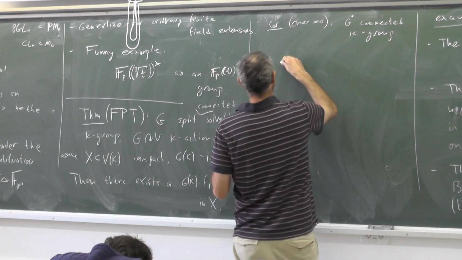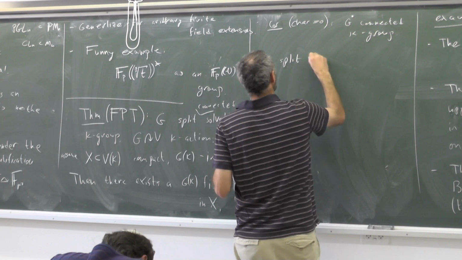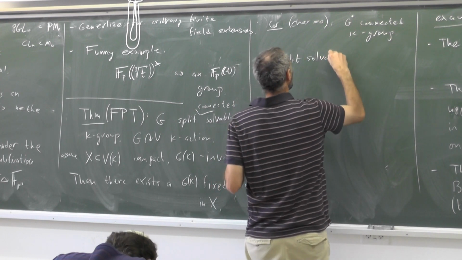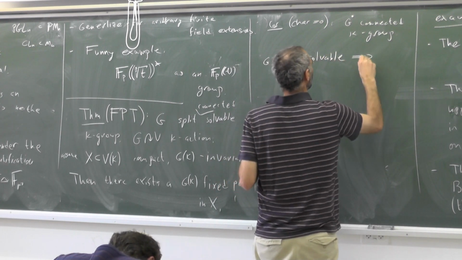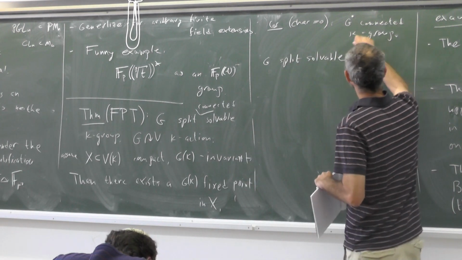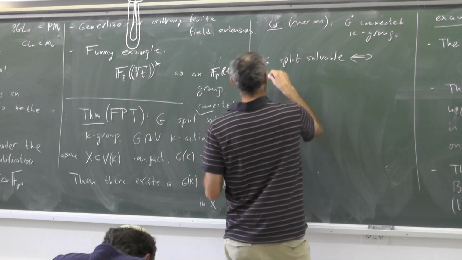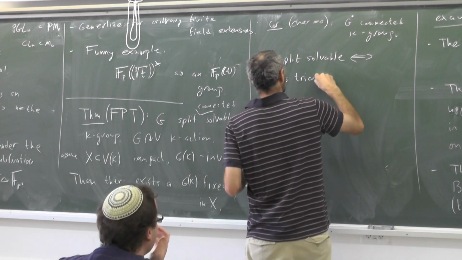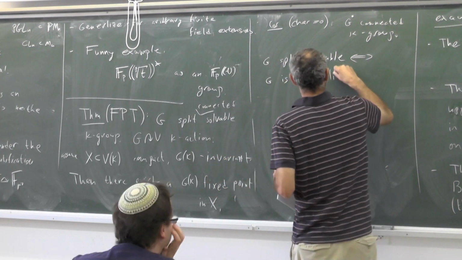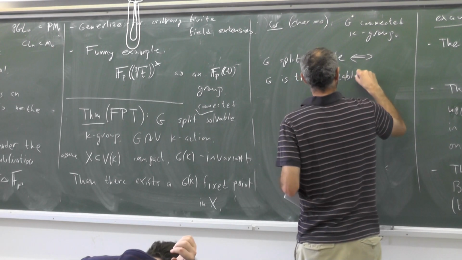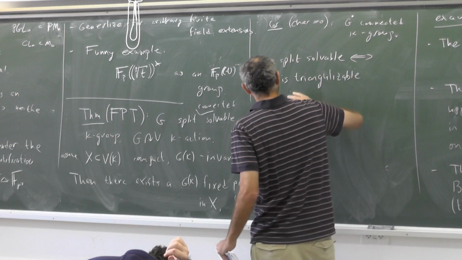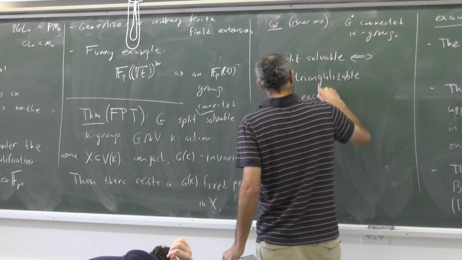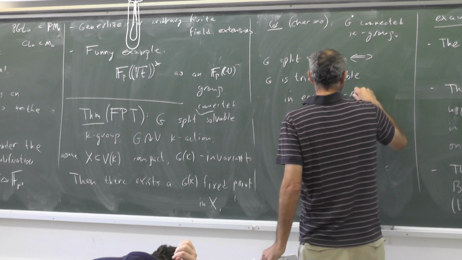G is split solvable if and only if. So this is a standing assumption, and now I'm having this if and only if. G is triangulizable in each K representation.